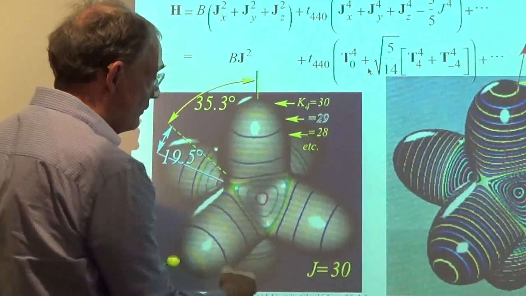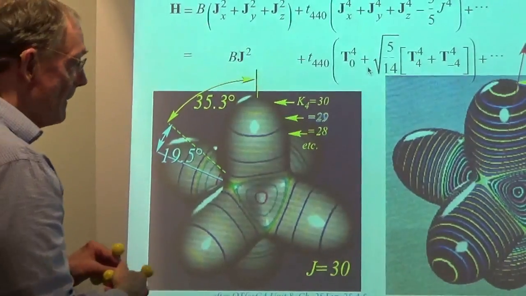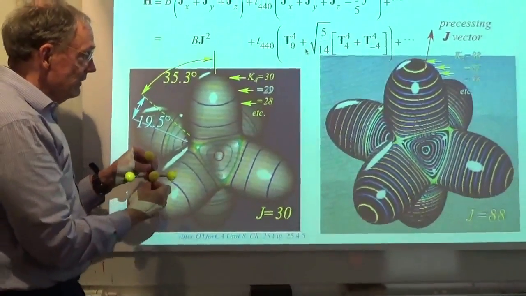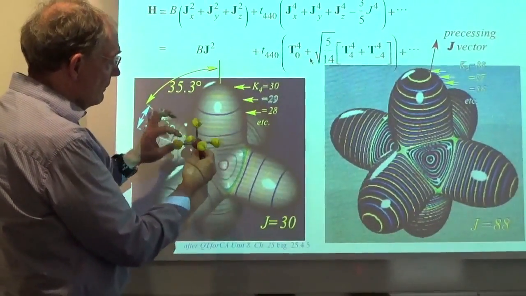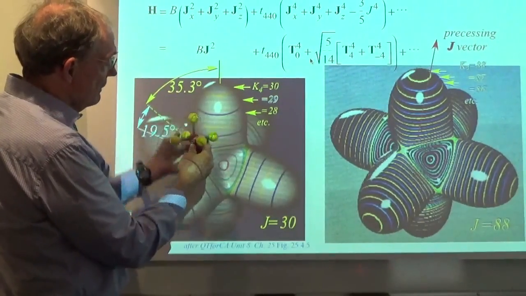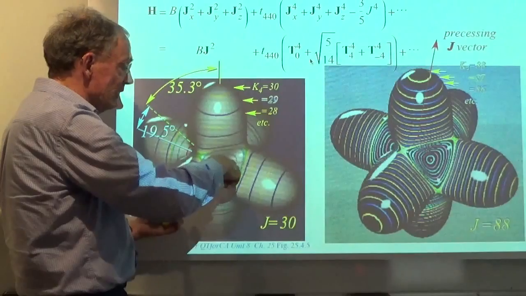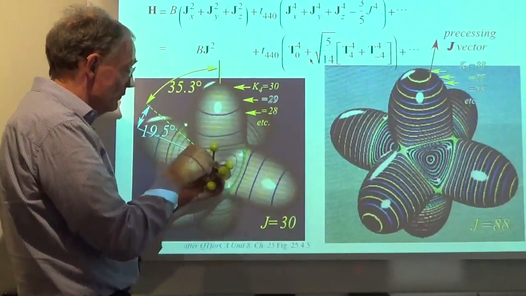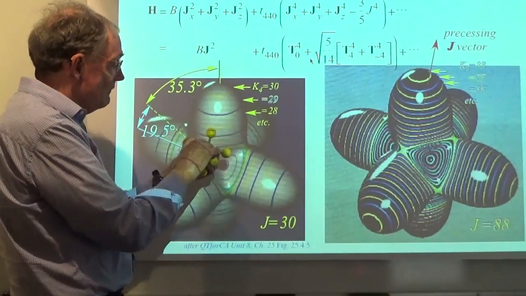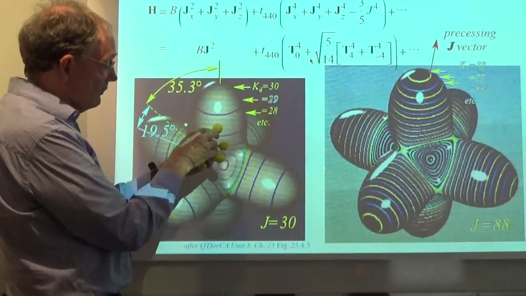This is a J equals 30 rotational energy surface. And the idea is that if I were to put this on an axis that would rotate it around the threefold, the 1, 1, 1 direction, and there are 8 different ones of those, that would have much more chance to distort.